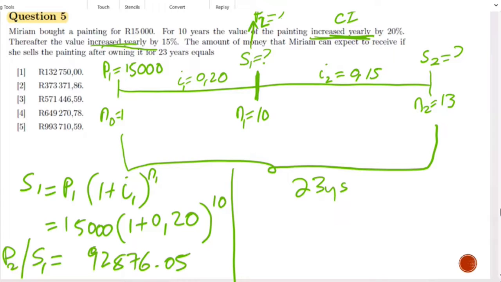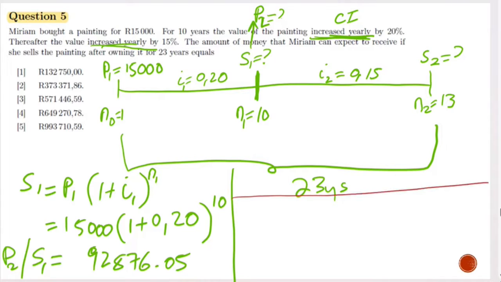For this new period, I'm using the compound interest formula. My S2 is equal to P2 into 1 plus I2 to the power N2. I'm just taking everything from my timeline.